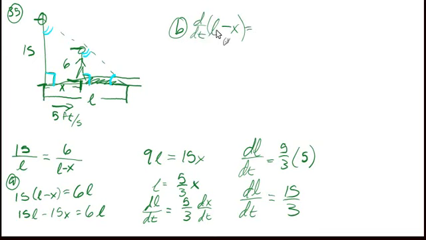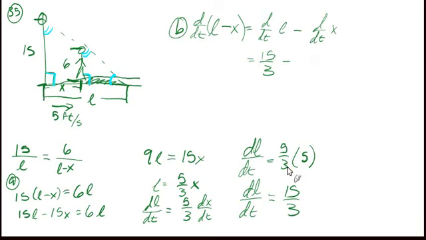Well, the difference rule says that I can take the derivative of L and subtract the derivative of X. This is dL/dt and this is dx/dt, and dL/dt we just found is 15/3, and we already knew that this was 5 feet per second.